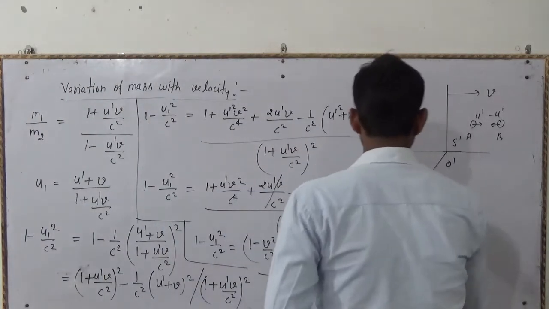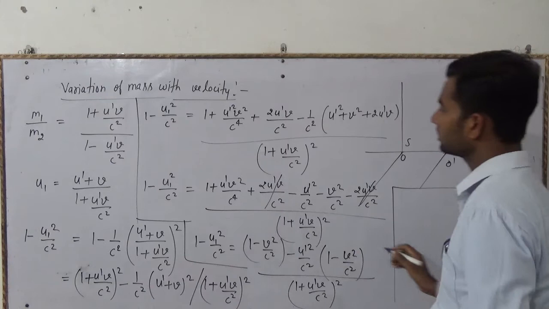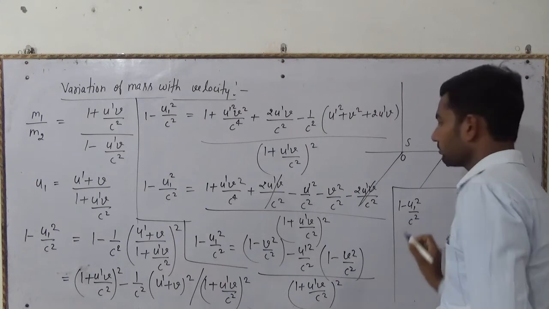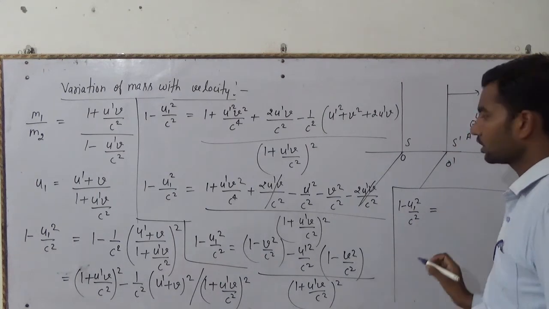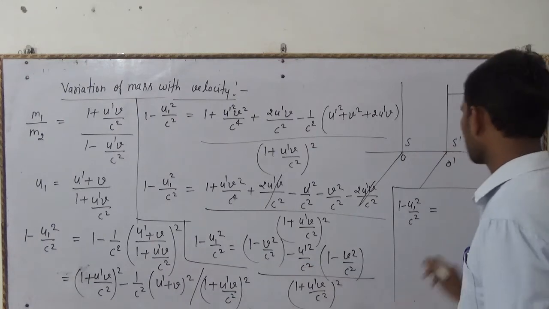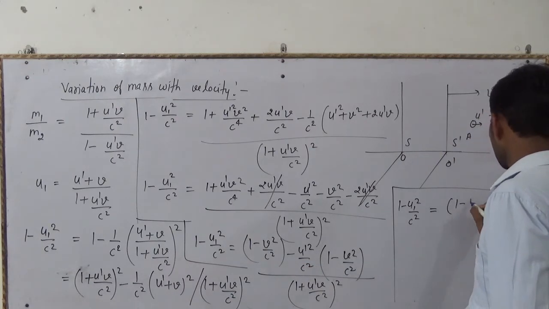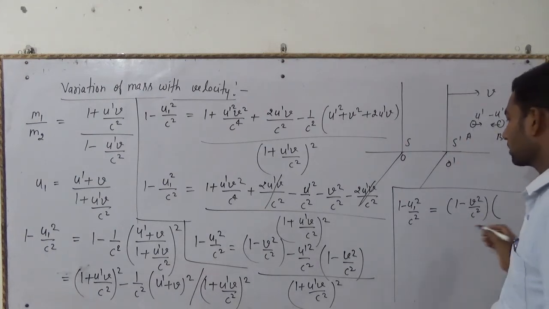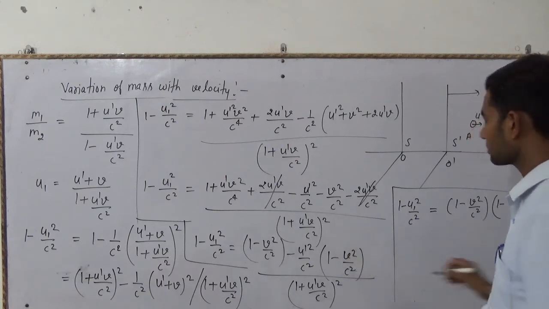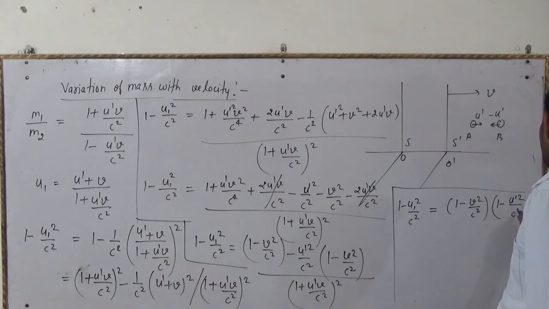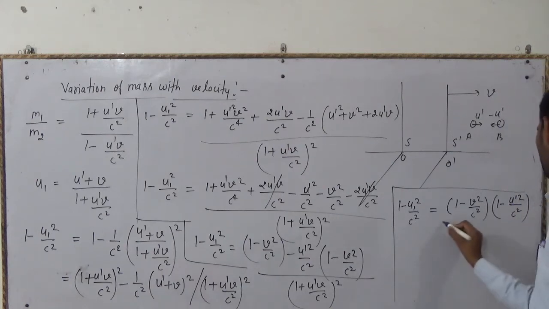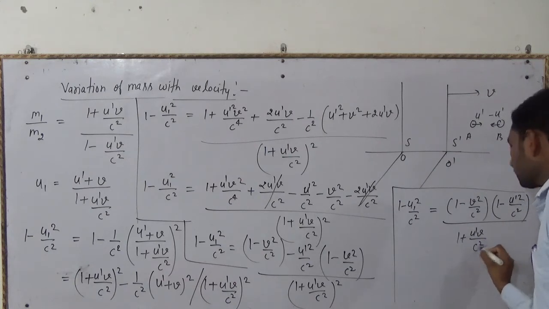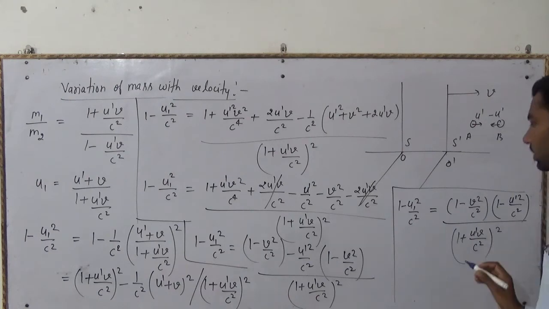Now we can write here, after simplification, the value of 1 minus u1 square by c square is equal to, this term is common, hence we can write 1 minus v square by c square in one bracket, and in the next bracket 1 minus u dash square by c square, upon 1 plus u dash v by c square to the whole square.